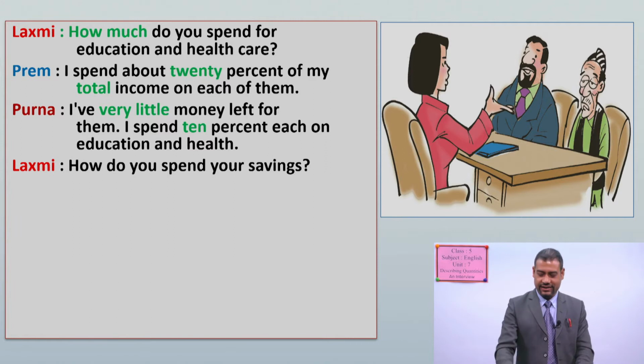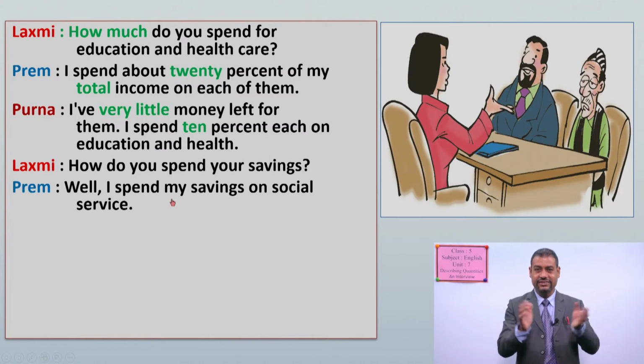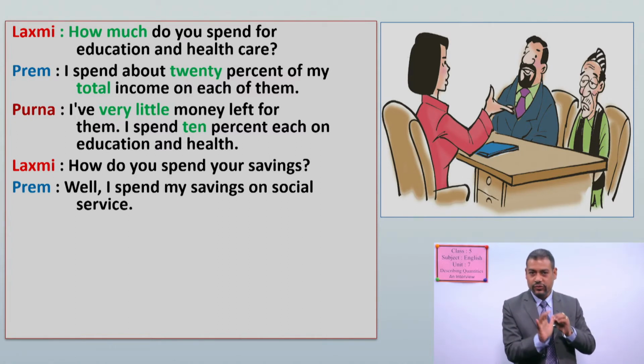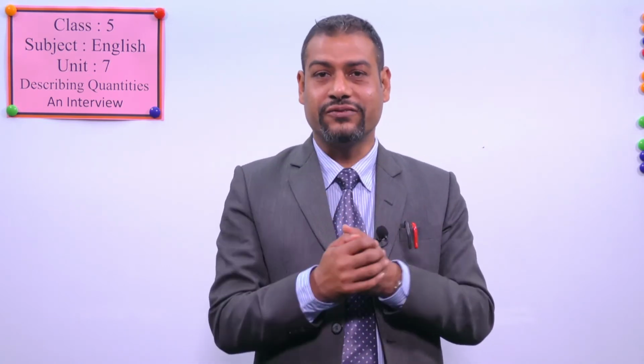So, let's check. See, Prem says, well, I spend my savings on social service. So, how much can he save? Can you tell me? See, 25% on food and clothes, 20% on education, 20% on healthcare equals how much? 25 plus 20 is 45, plus 20 equals 65.